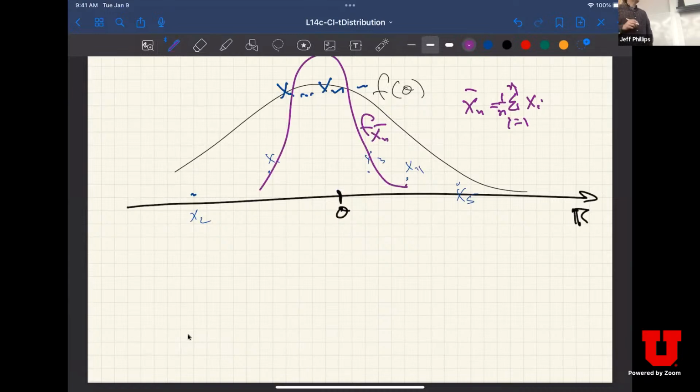And that should have the same mean by the central limit theorem. So the expected value of xn bar is the same as theta, which means it's going to be an unbiased estimator, but it's still going to be a distribution.